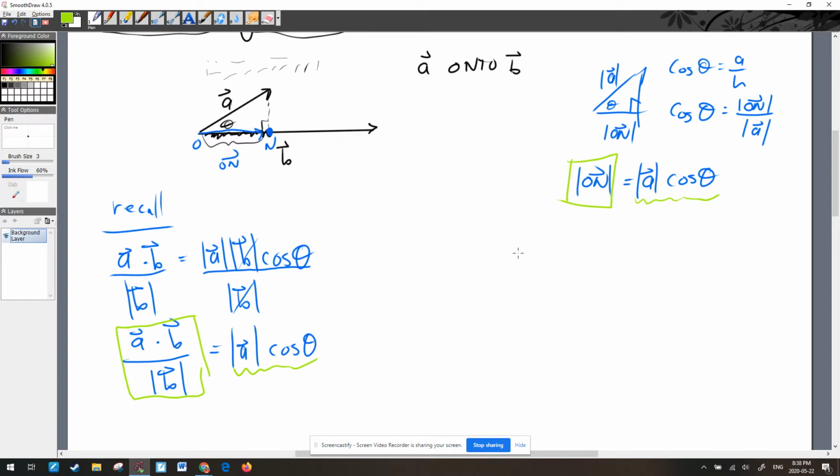And so what we have just found is we know now that the magnitude of ON, which is the magnitude of the projection of A onto B, is equal to A dotted with B over the magnitude of B.